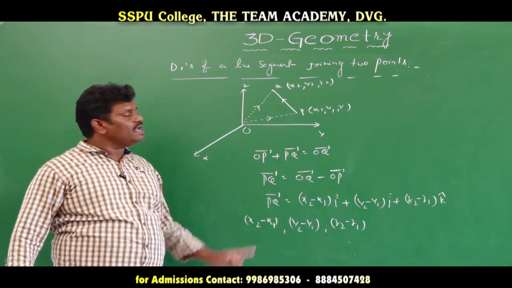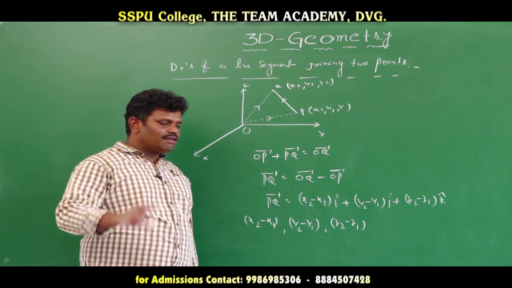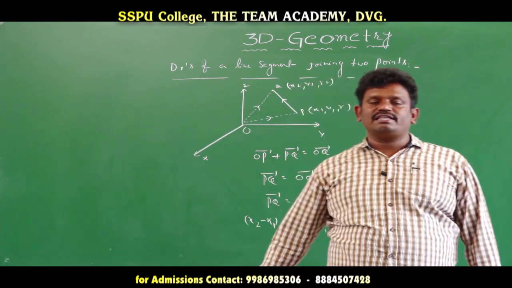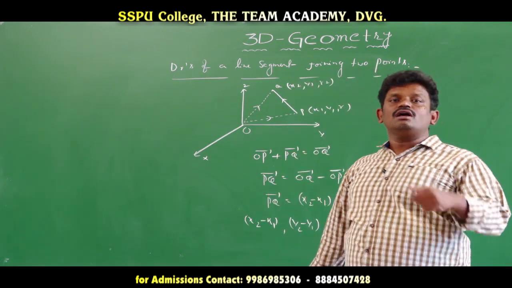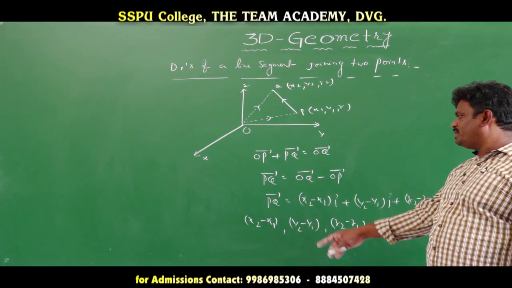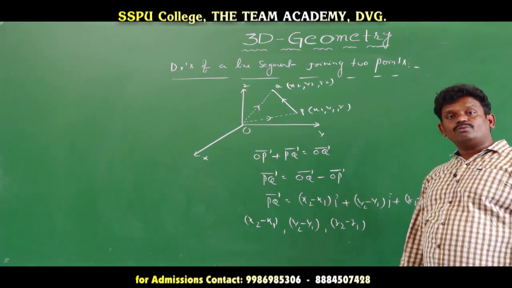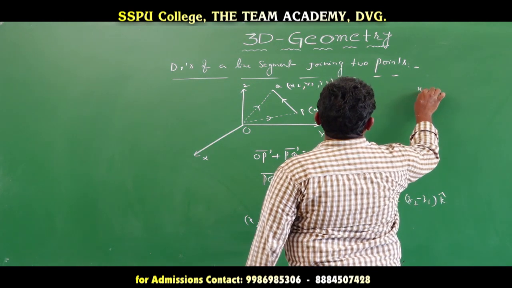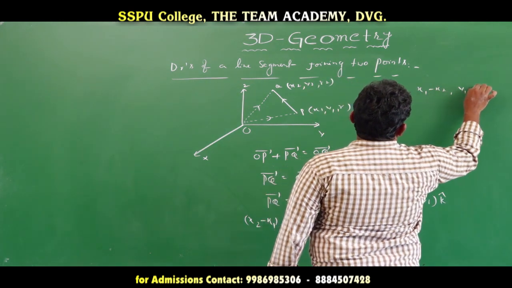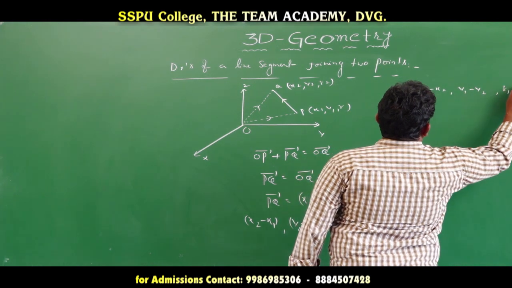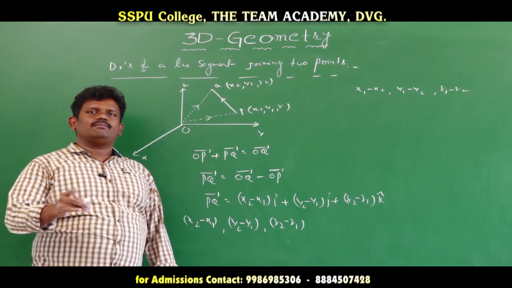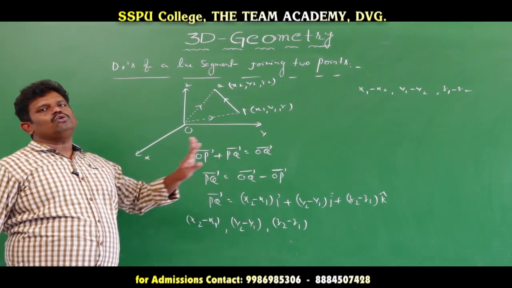So whenever any 2 points are given, the direction ratios of the line segment passing through them are x2 minus x1, y2 minus y1, z2 minus z1, or sometimes we write x1 minus x2, y1 minus y2, z1 minus z2. These are the direction ratios of the line segment passing through the given 2 points.